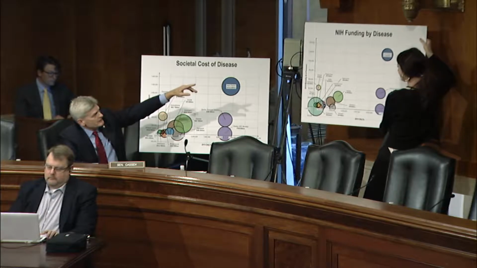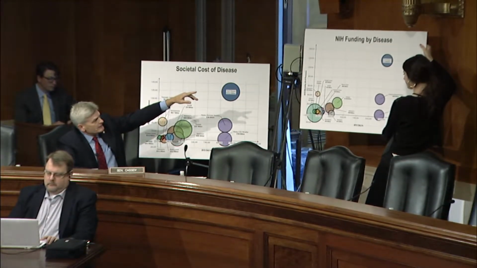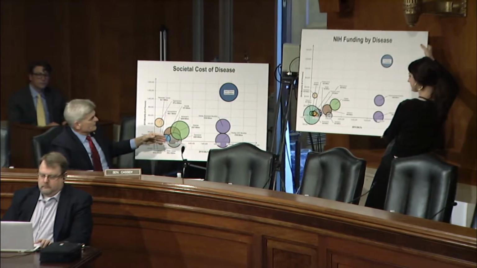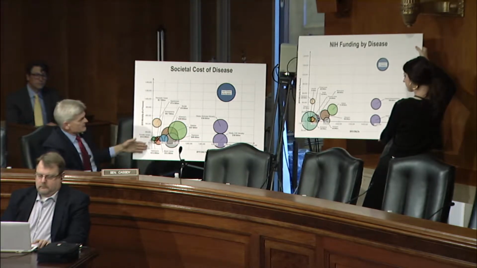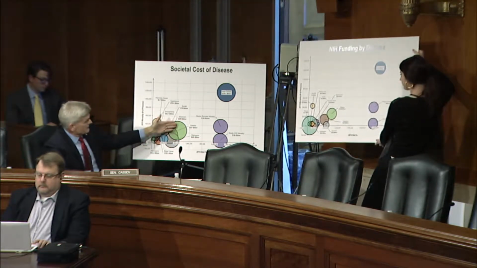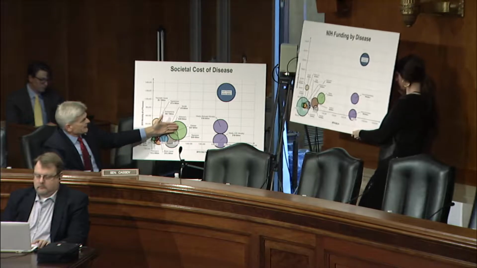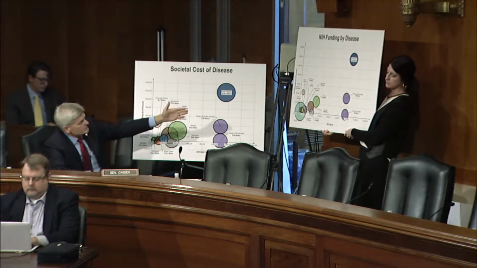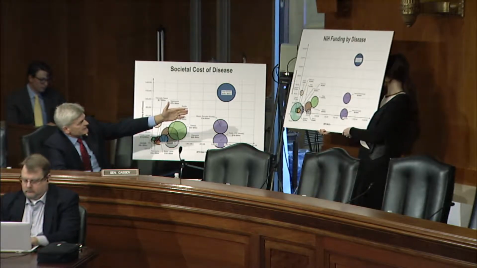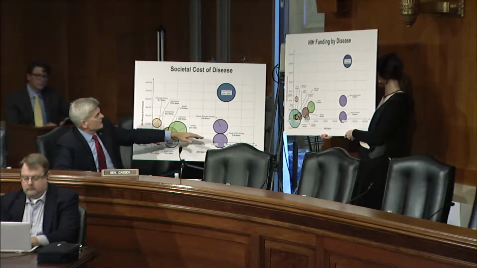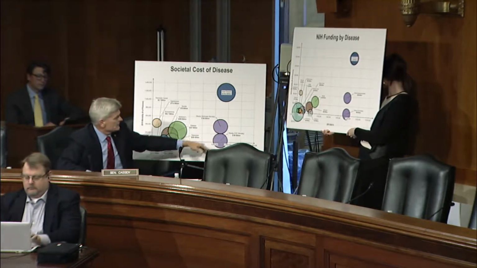So here you see the NIH funding, and here is HIV, obviously a lot for HIV. Here is diabetes. Although we spend a lot on diabetes, it is not as much as its societal cost. But what I want to emphasize is obesity.